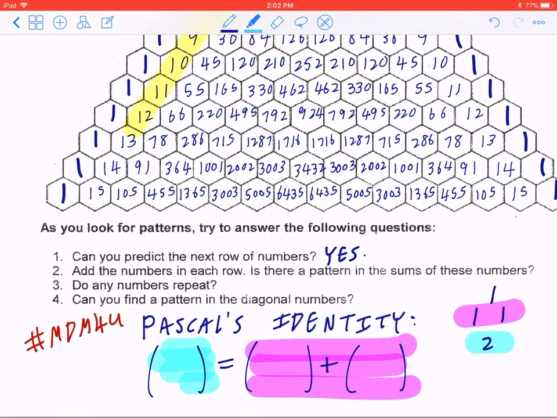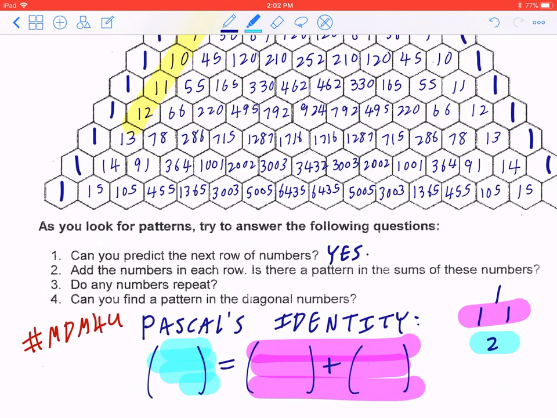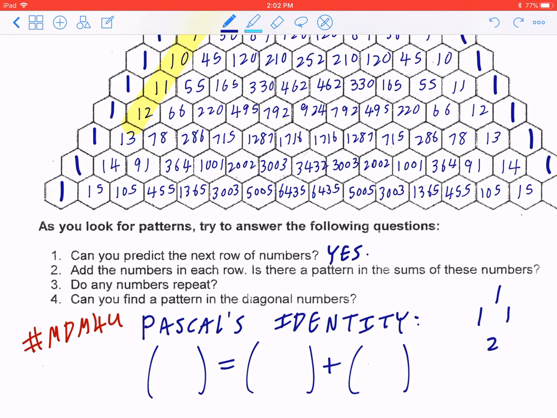Let's continue. At the end of part 1, we talked about Pascal's identity, something that you would do if you take data management, and I haven't written down the formula yet. So I'm going to go back and show you what the formula looks like, in terms of combinations.